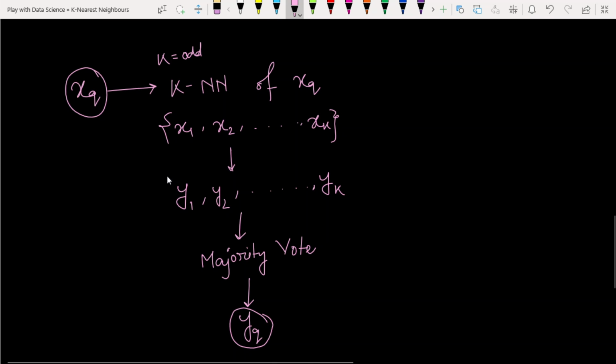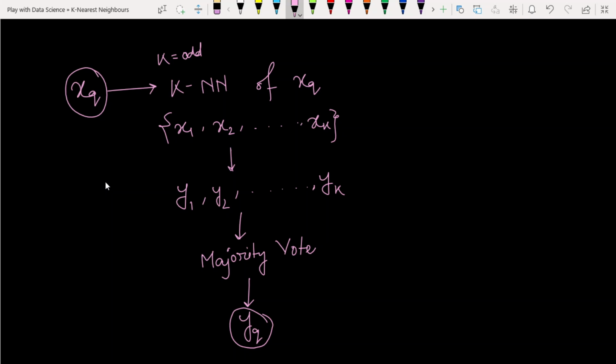What we have done in k nearest neighbor is this simple geometrical idea. We take a query point and find the knn from our data sets, then find the majority vote of these knn points, and according to this majority vote we decide the output value of our query point.